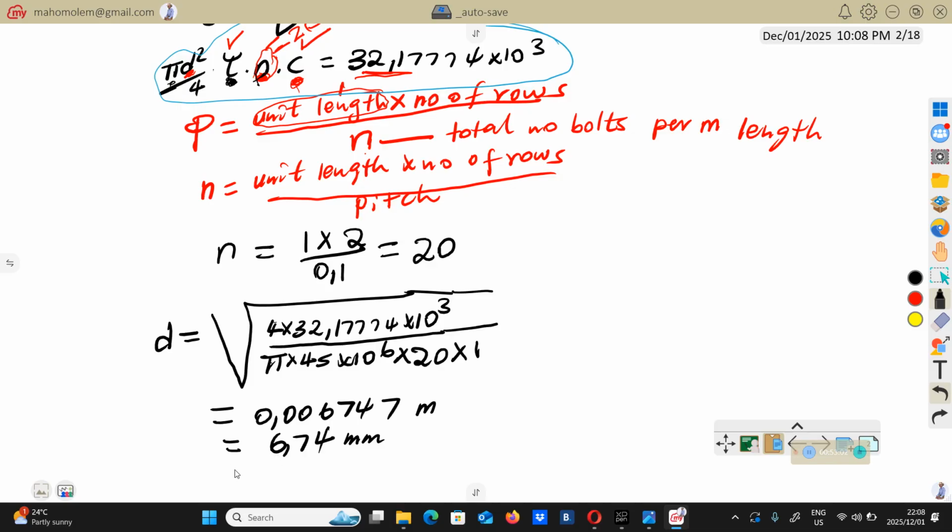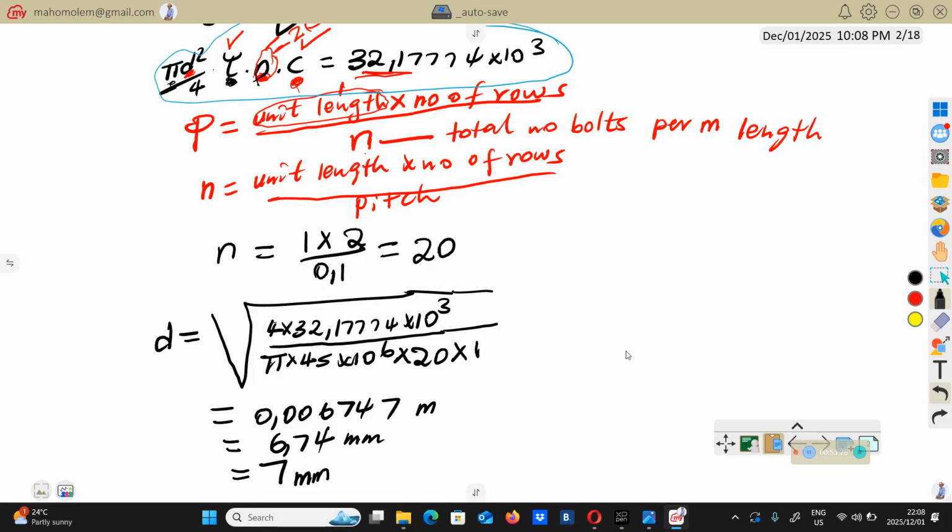In the shop, maybe they will make diameters of 6 millimeter, 5 millimeter, and so on. So you won't have exactly this size, and that's why you must take a slightly bigger size. So you round this to 7 millimeter.